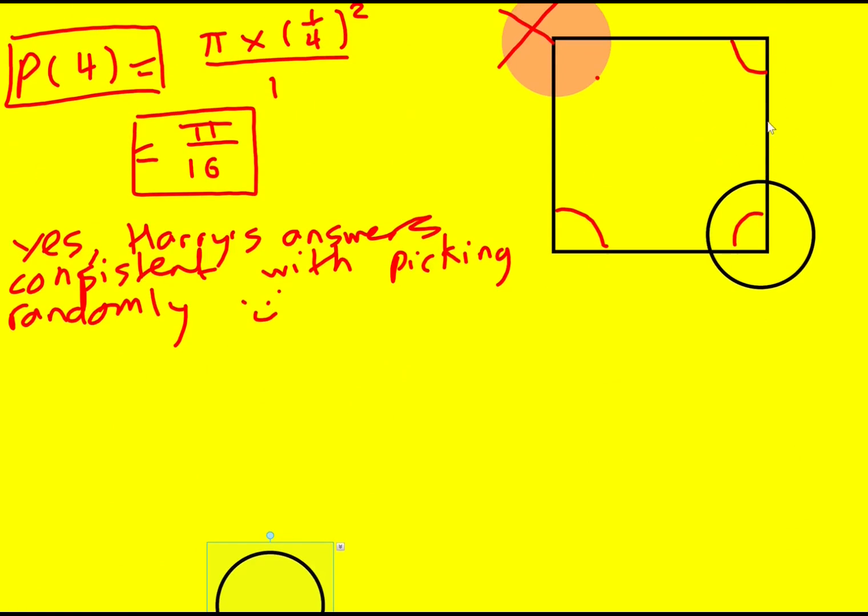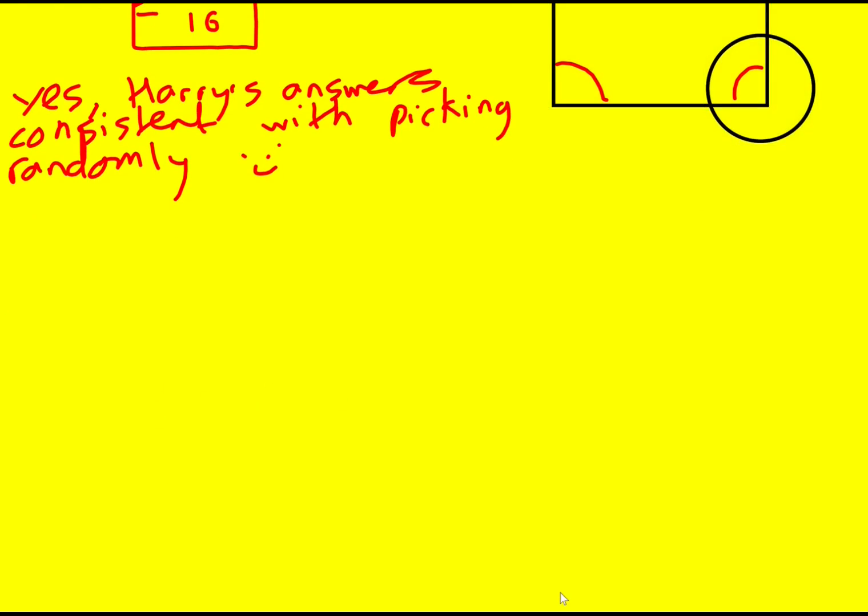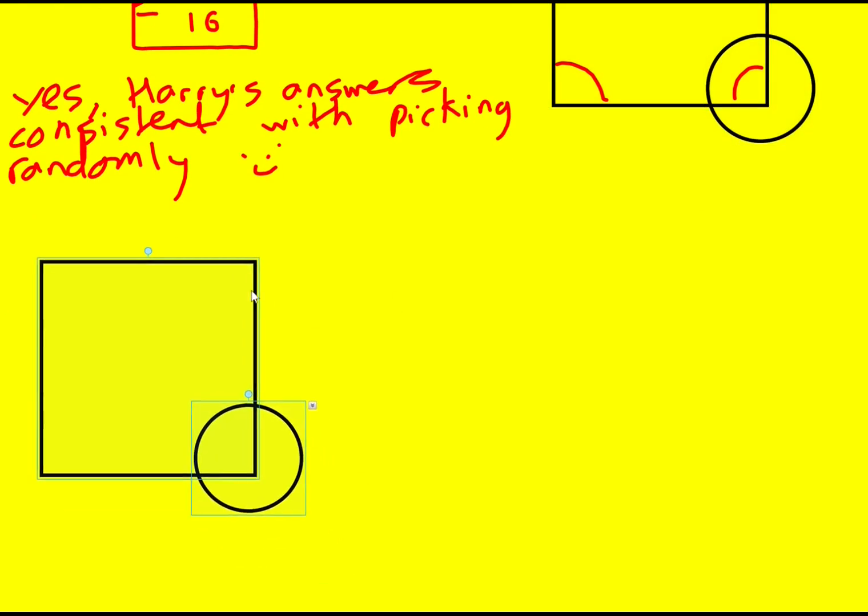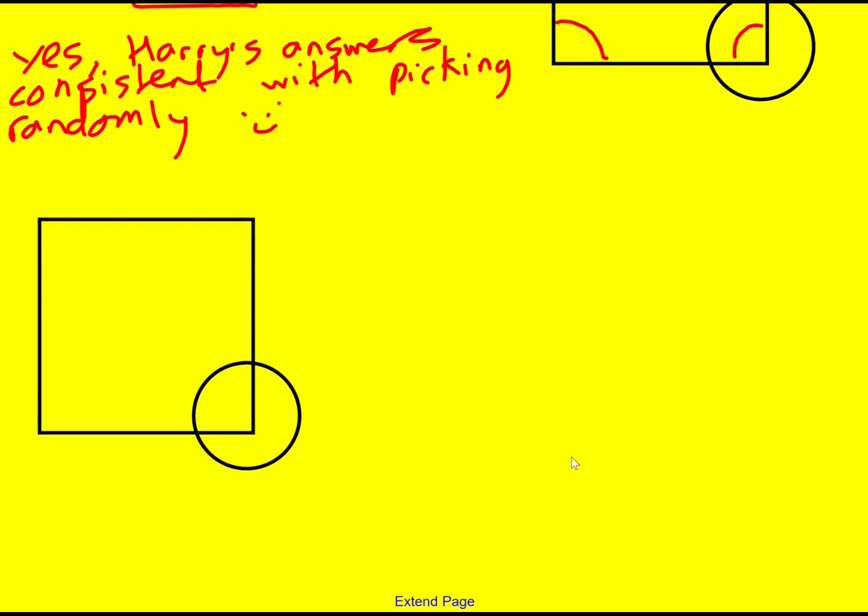Okay, let me grab this grid again. So let's work out the probability of picking, I think I'll go with a 2. To pick 2, we could have the center here, for example, and we could even then move it inwards until the point where it's just touching.